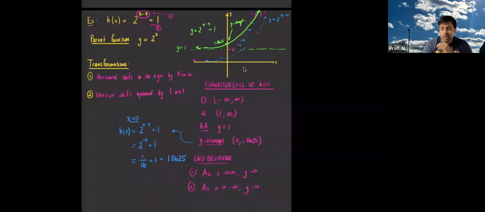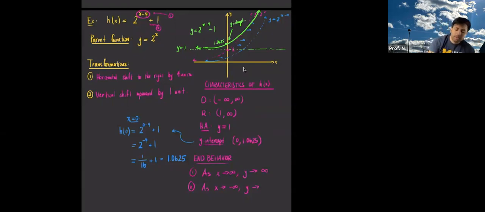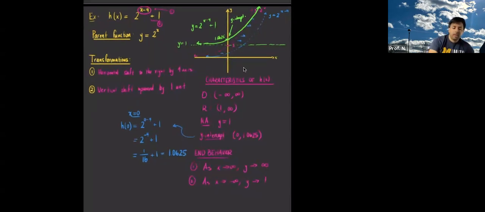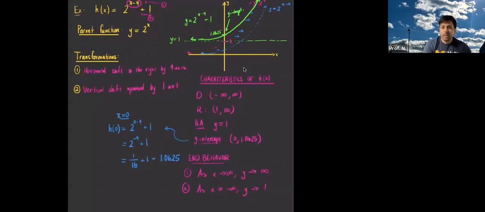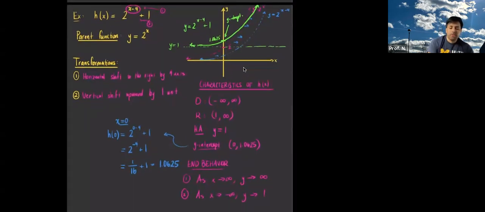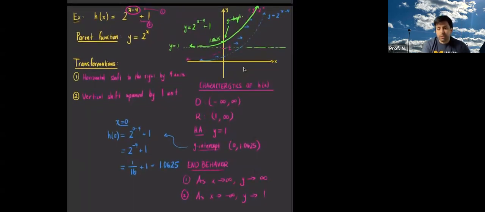According to the graph, the curve, if I move to the right, everything goes up, right? So it goes to infinity. That's right. And then when I move to the left, what do the y values approach? It approaches 1. Perfect. So there we go. We have everything. Very good. We have all the information we need for our transformed exponential function graph.